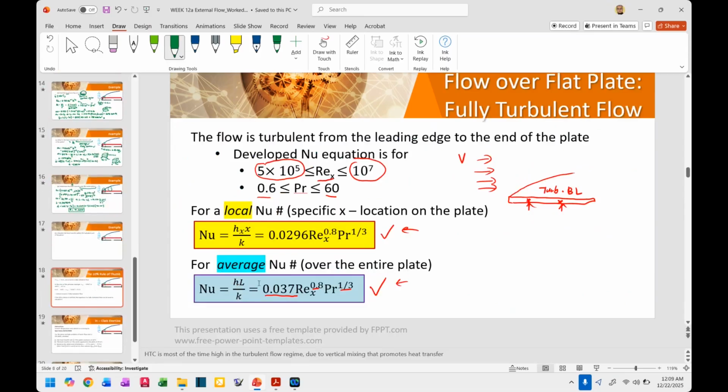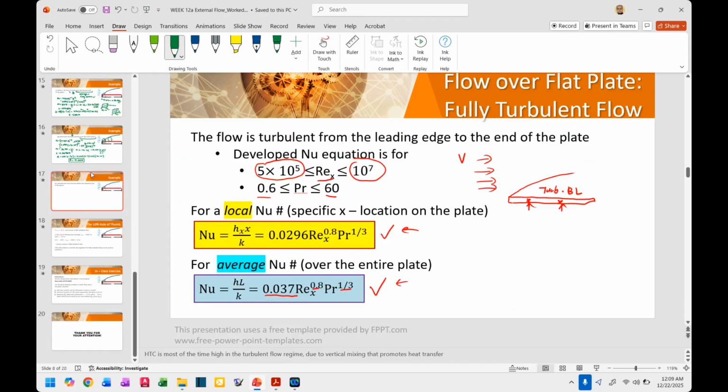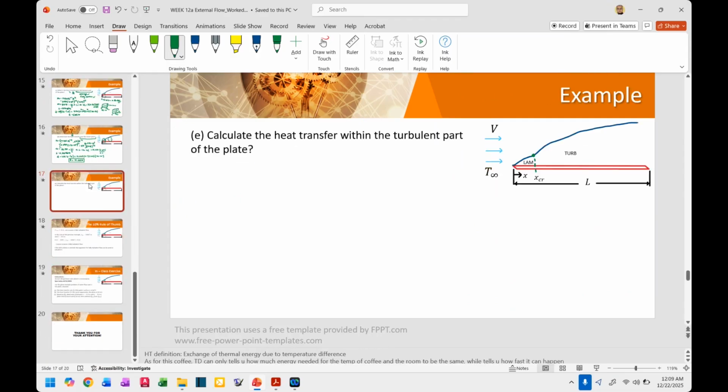This one is for fully turbulent, meaning from the leading edge it is already turbulent, and that is not the case with what we are dealing with now. We want just this part of the boundary layer, the heat transfer in that part, excluding the laminar part. How would we do that? Very simple. Q turbulent is simply heat transfer total minus heat transfer in the laminar regime.